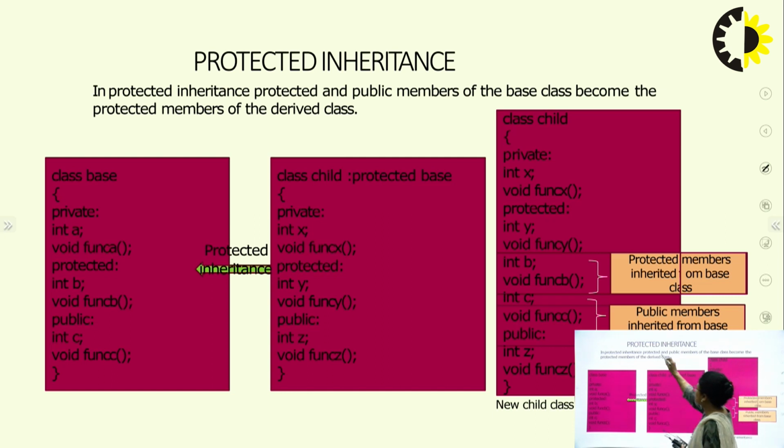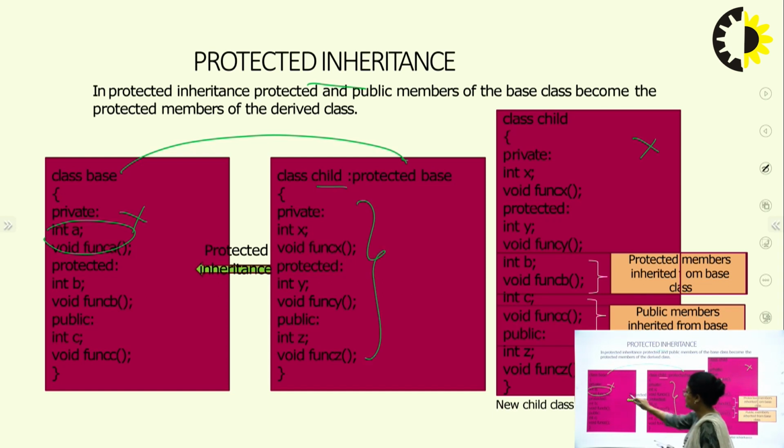If the inheritance is protected, it's the same scenario, the same class. We know that whatever is there in the private section will never be inherited, so it will not come into the child class. We have the child class inheriting from the base class, and these are the extra features in the child class. This is the features of the base class.